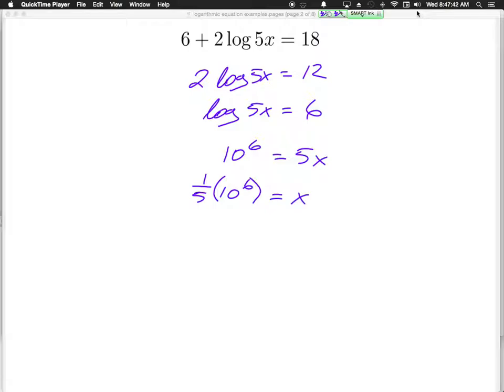So I punch that in my calculator. I'm going to do 10 to the 6th, and take that answer and divide by 5. That gives me 200,000. What do I need to make sure of with that answer?